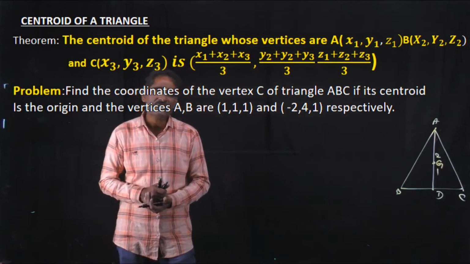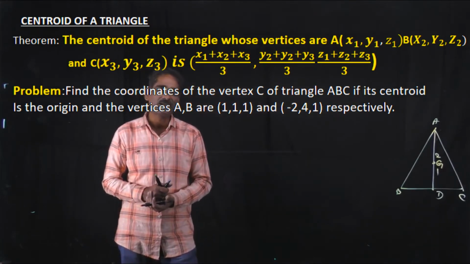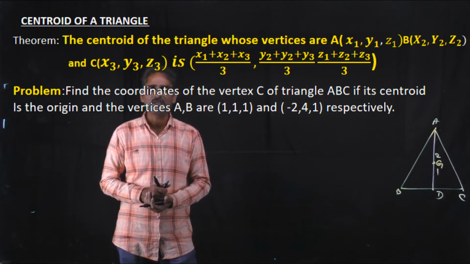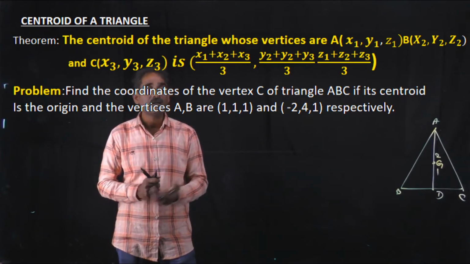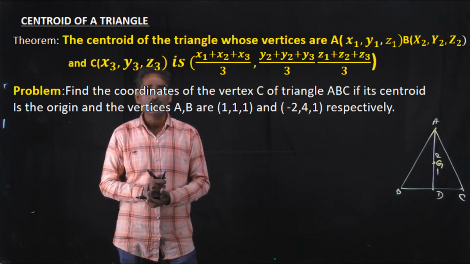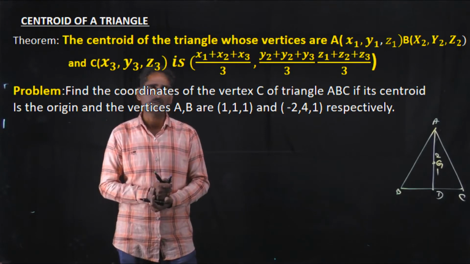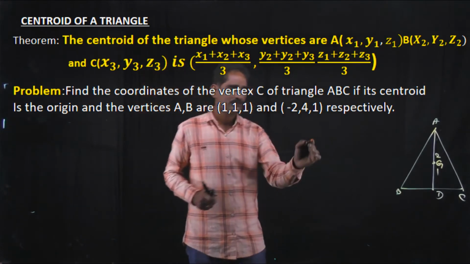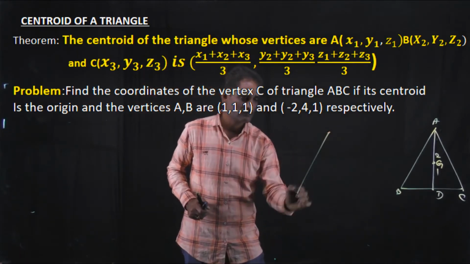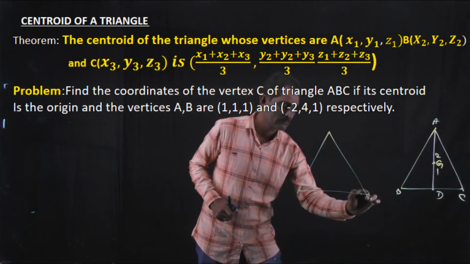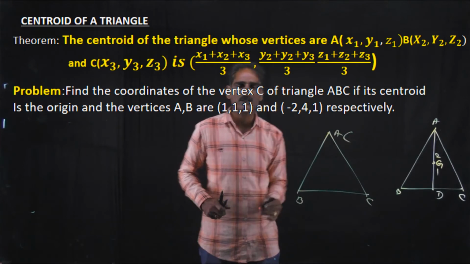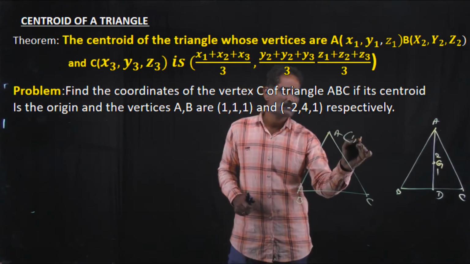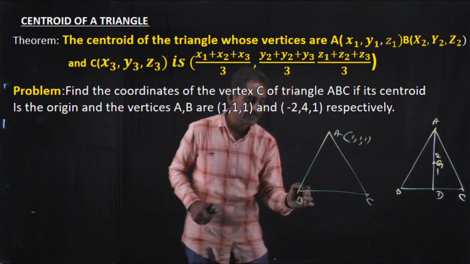Find the coordinates of the vertex C of the triangle ABC whose centroid is the origin. We are given two points A and B, and the centroid is 0, 0, 0, and we must find the third vertex. So suppose this is the triangle ABC, the coordinates of A are 1, 1, 1 and B is minus 2, 4, 1.